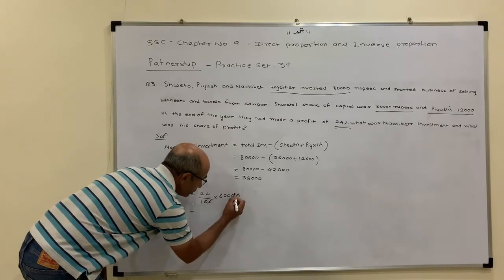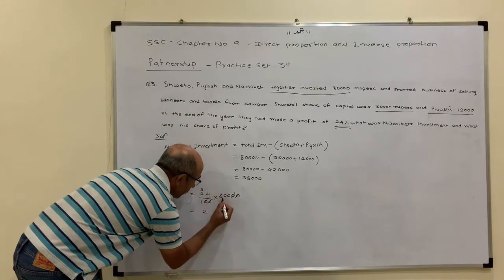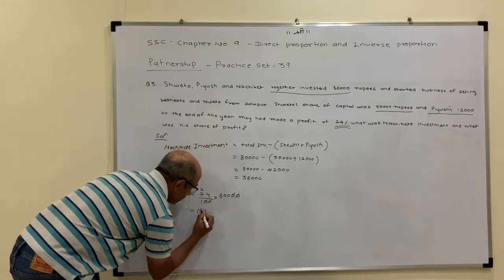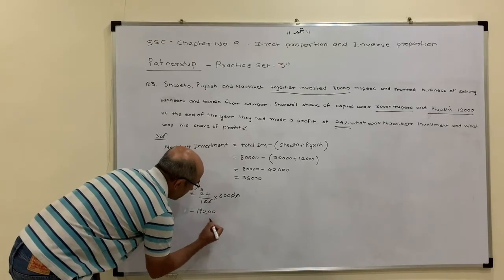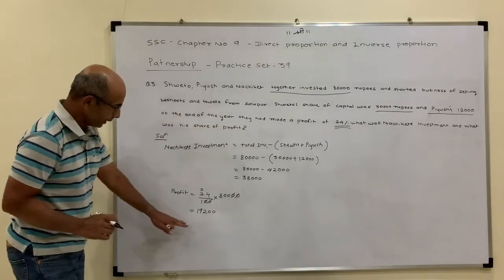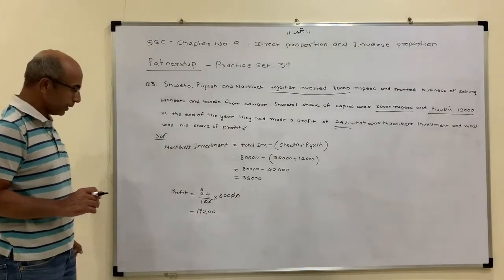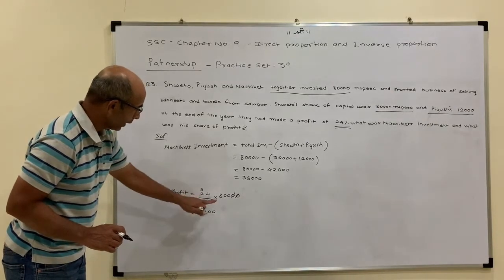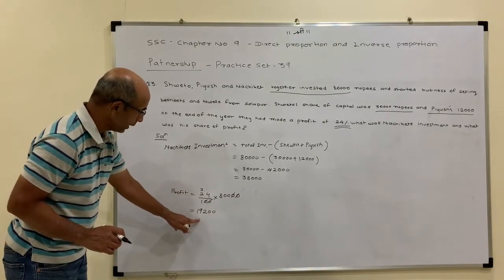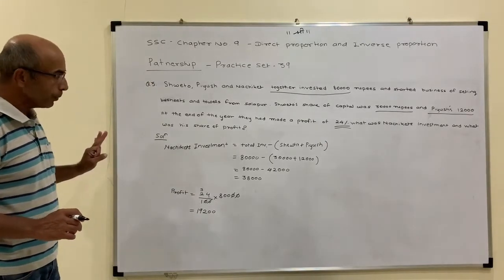This gone. 8 4s are 32. 8 2s are 16 plus 3, 19, and these two zeros. So the profit is 19,200 rupees. Yeah. Now we know the profit.